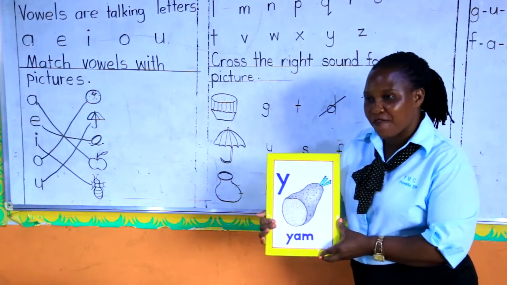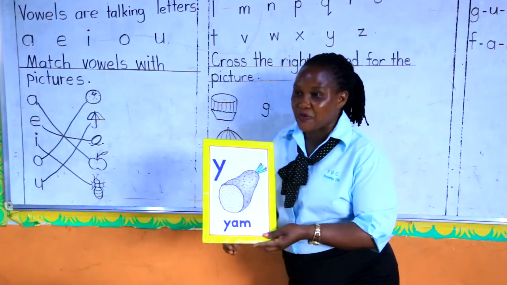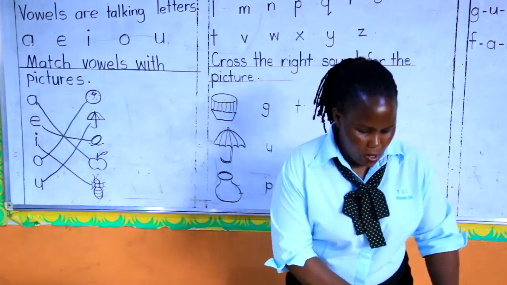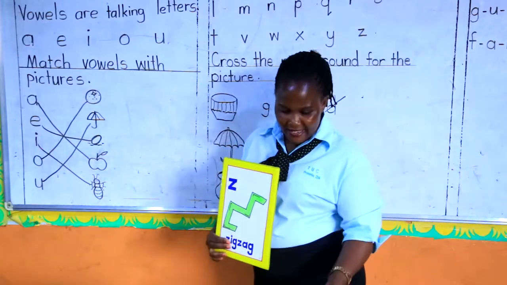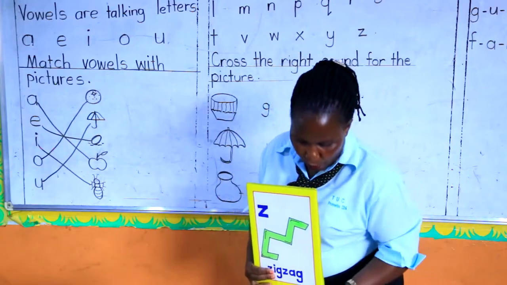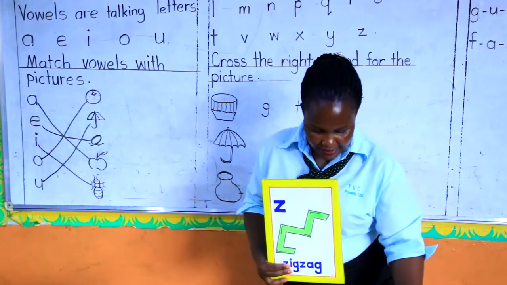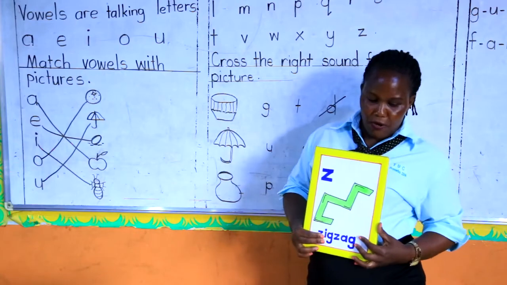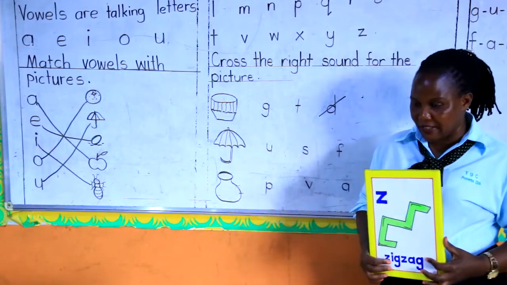Yam. Wonderful. The word yam starts with the sound. Very good. Wow. Lastly, we are having this sound. You can tell me what letter sound is this, class? That is the sound. Very good.